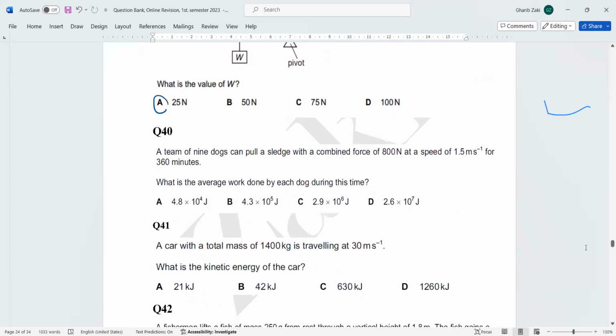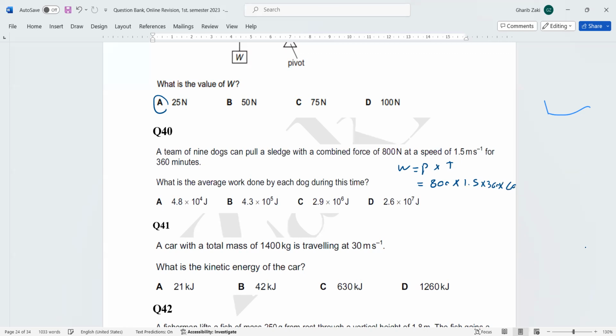Now, also this one, it is the work done of 9 dogs. We need the work done by 1. So the work done equals the power multiplied by the time. Then it is 800 multiplied by 1.5 multiplied by 360 multiplied by 60.